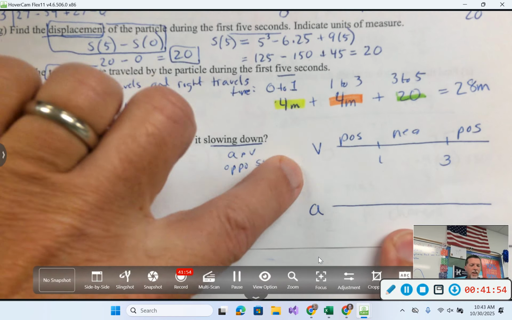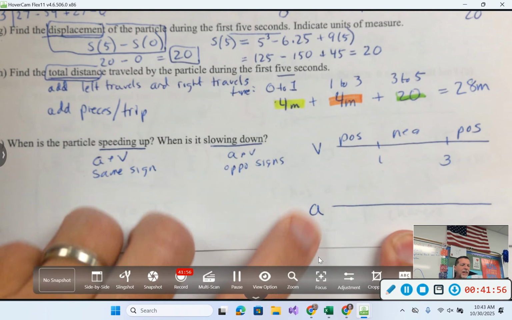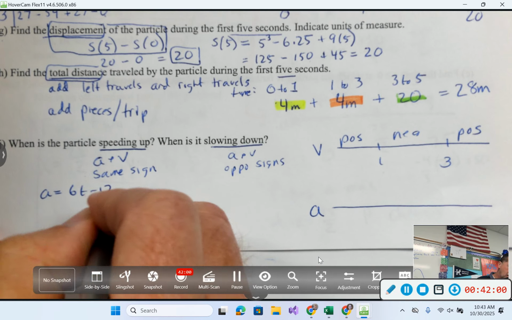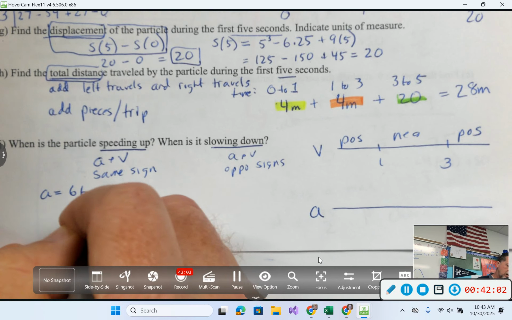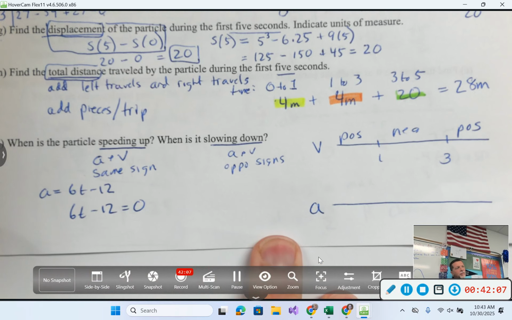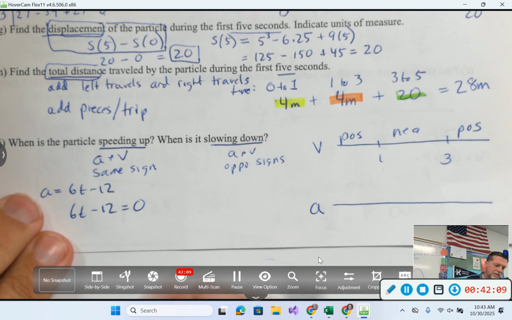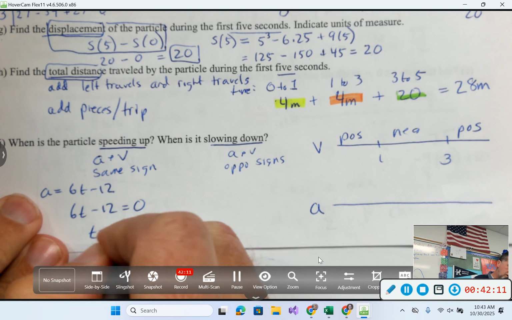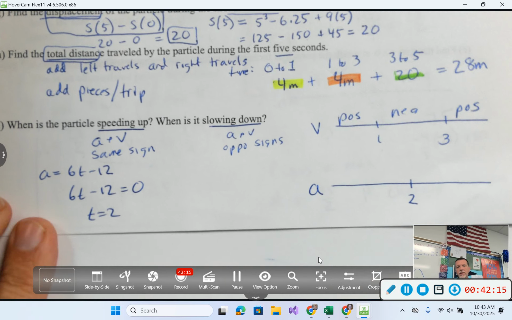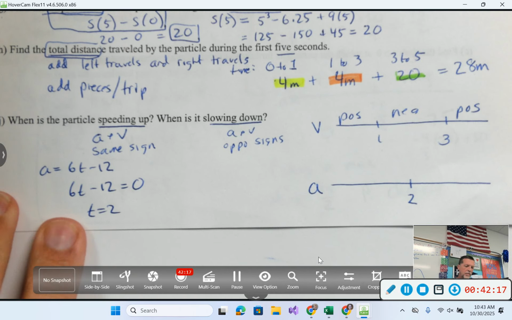So let's do that same process we did for velocity. Now let's do it for acceleration. So I hope you like taking derivatives and setting them equal to 0, because we're going to do that a lot. So it's t equals 2. That's my critical point when the derivative is 0.